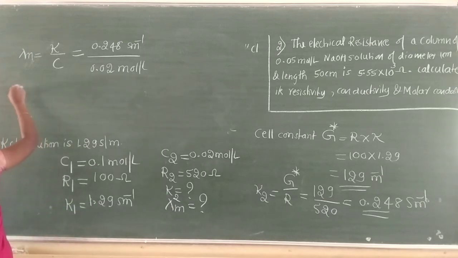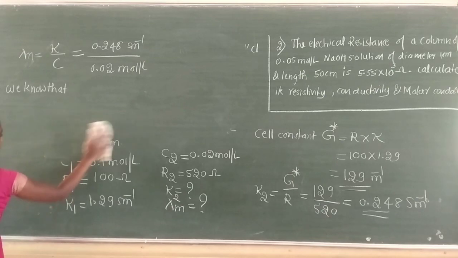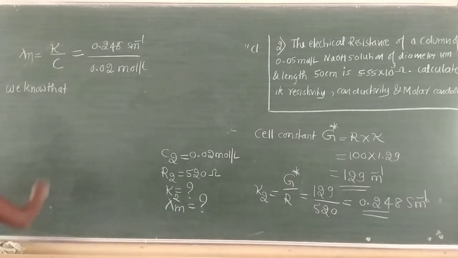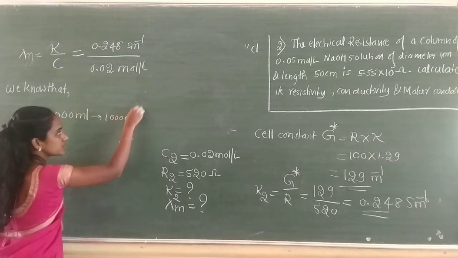So we know that 1 liter is equal to 1000 ml, which is also equal to 1000 cm cube.